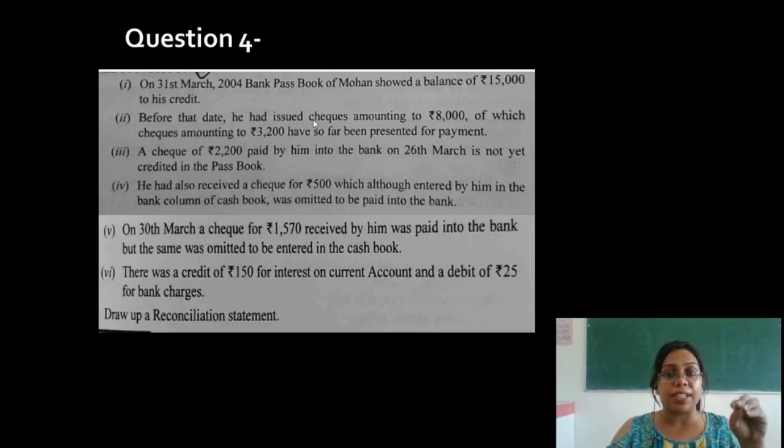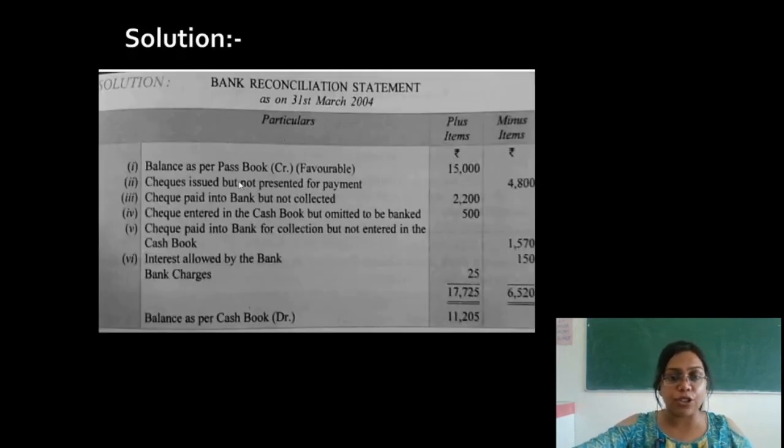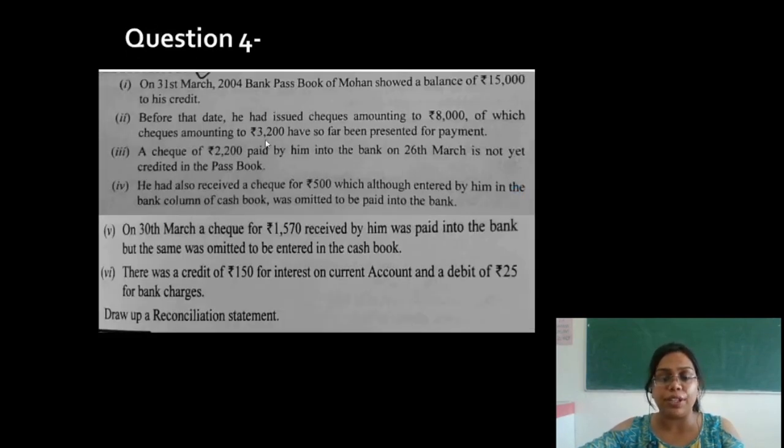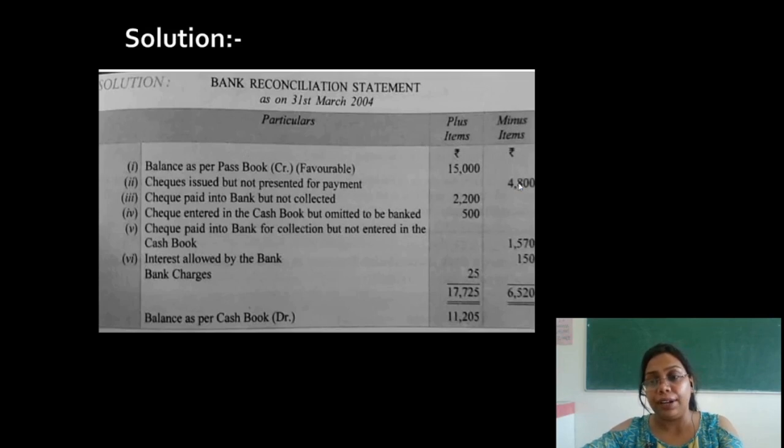But in this case, we are starting from the balance as per passbook. We will have to deduct the difference of this amount from the BRS. So we will show checks issued but not presented for payment, 4,800 rupees. We will deduct this difference of 8,000 and 3,200 here from the BRS.